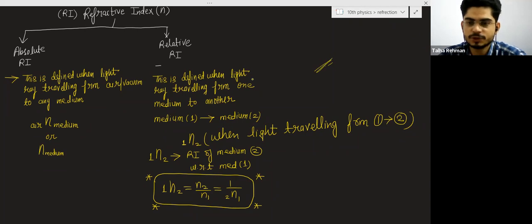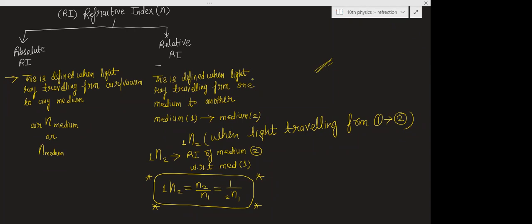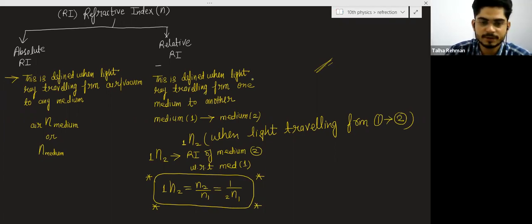Azaan, are you getting the motion of my dot? Yes, sir. Getting properly? Yes. This is a small n, small n, small n, small n.